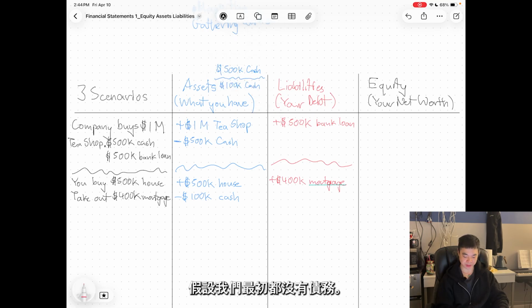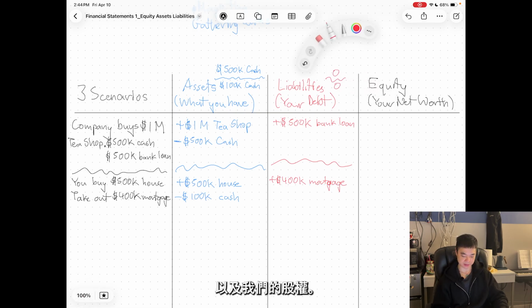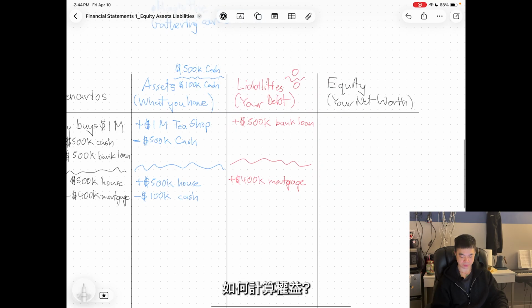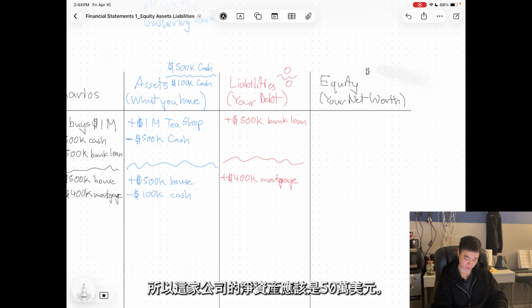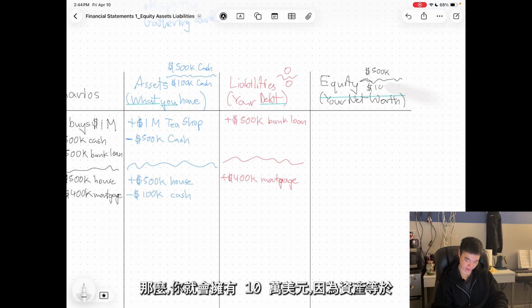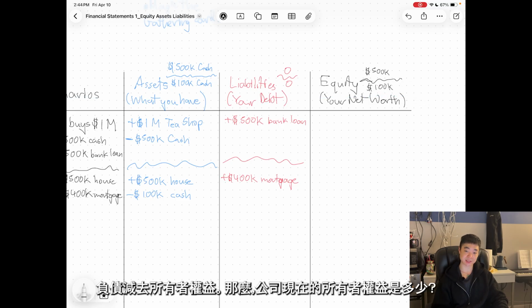Let's say originally we all had zero debt. So our liabilities originally were zero. And our equity, how do you calculate equity? That's assets minus liabilities. So the company would have had $500K in net worth, and you would have had $100K. Because again, equity equals assets minus liabilities.